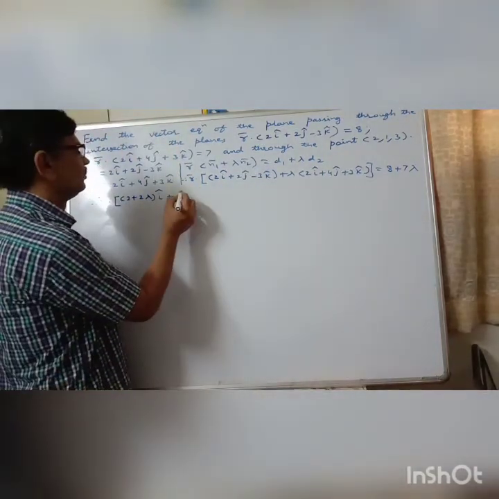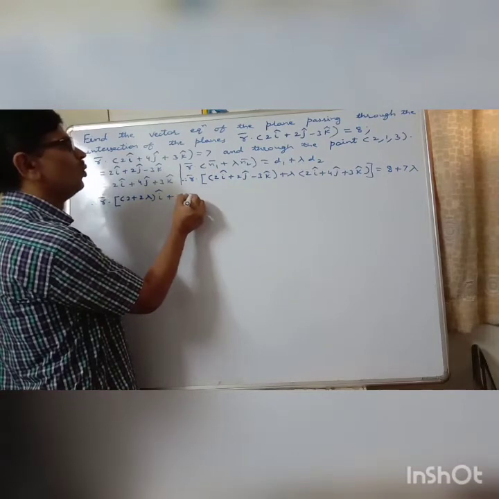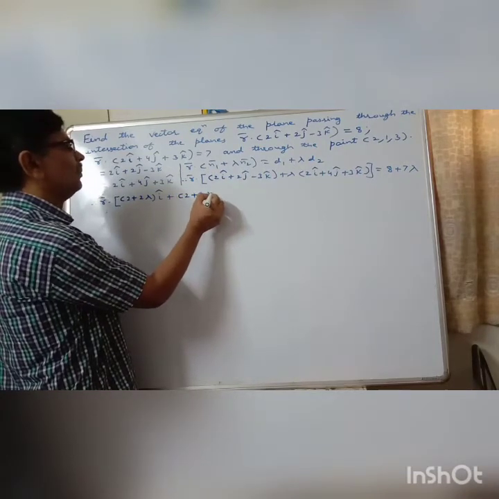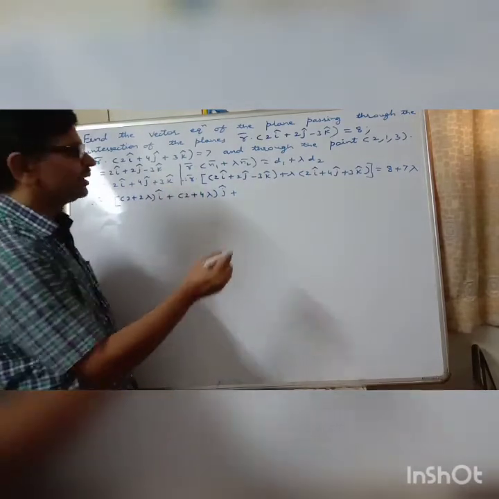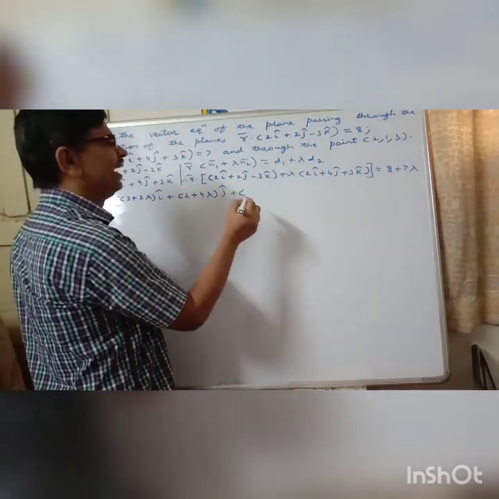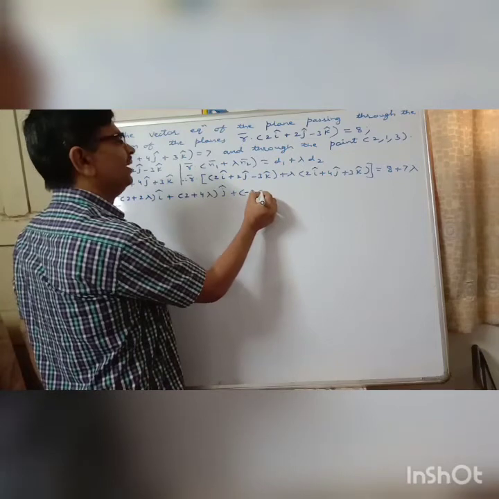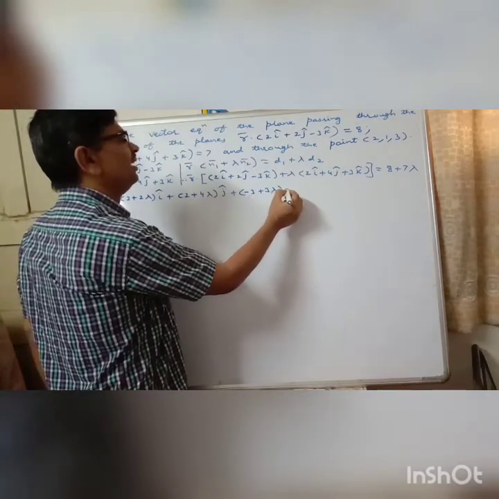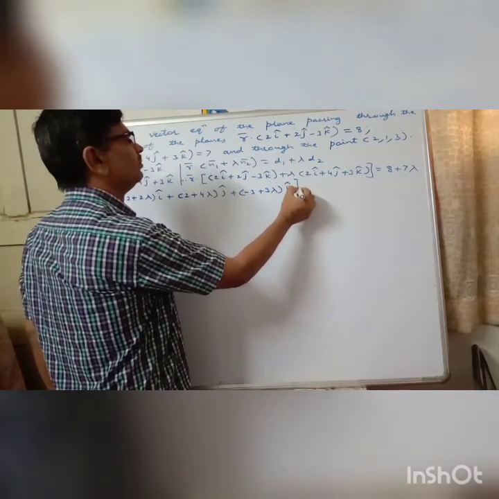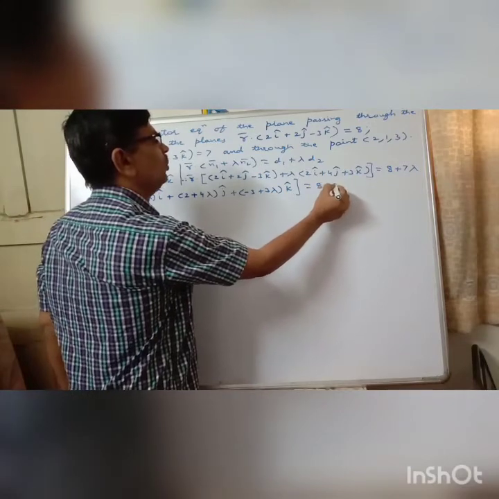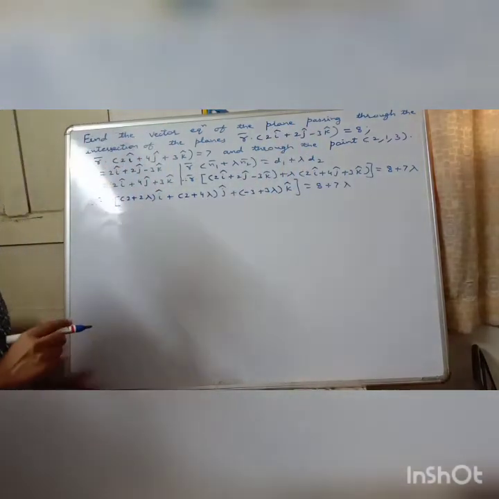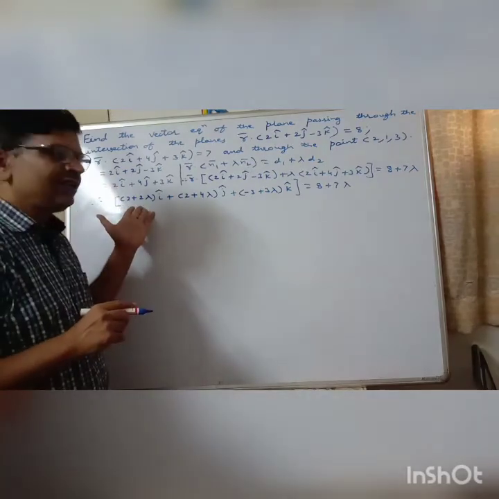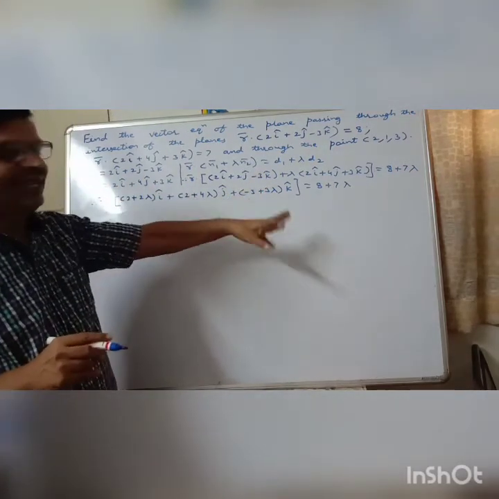Take j common, in bracket 2 plus 4 lambda into j, plus collect terms containing k. Take k common, so we get minus 3 plus 3 lambda into k equal to 8 plus 7 lambda. So we have collected terms of i, j, k separately.